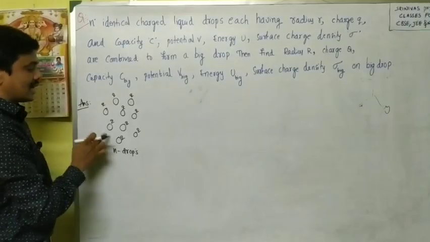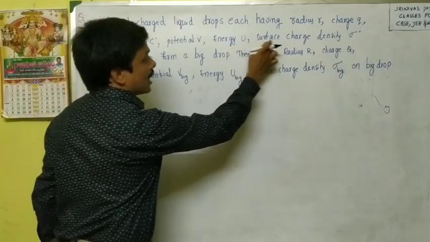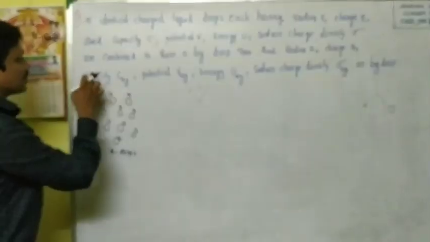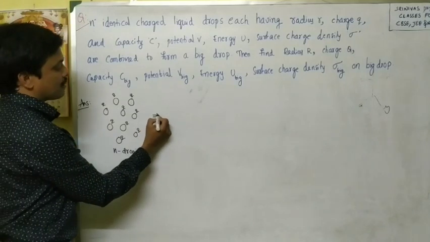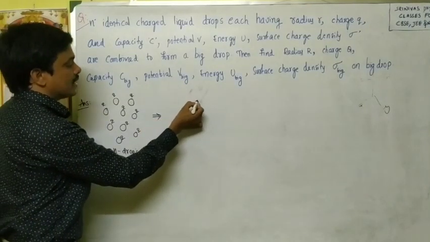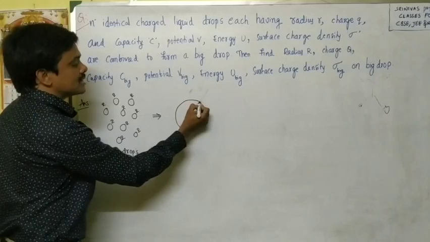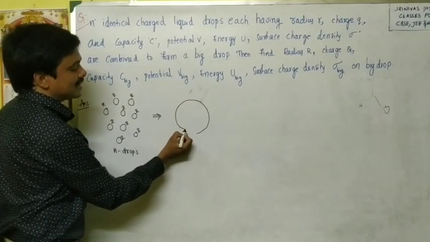It also has the energy U and surface charge density sigma. They are combined to form the bigger drop. This is the bigger drop, right?